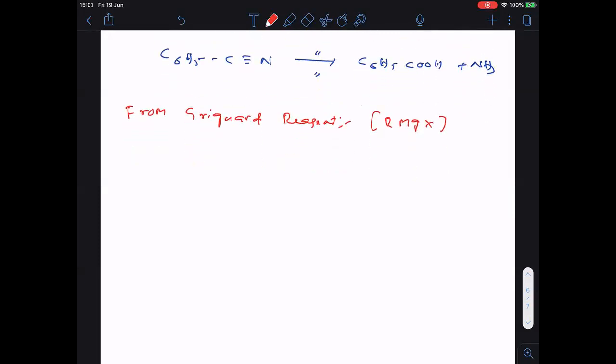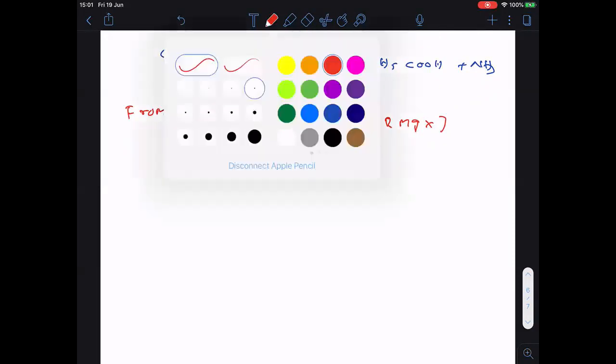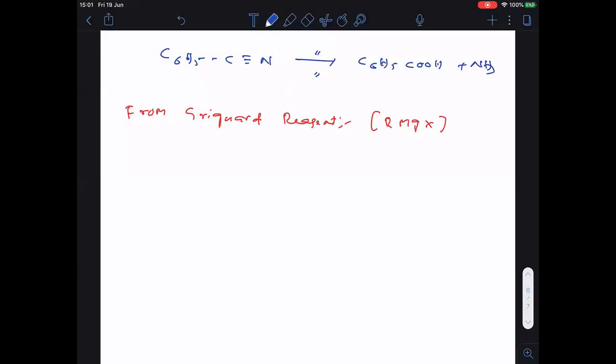Grignard reagent is RMgX. So now let us see how the reaction happens with Grignard reagent. Now RMgX, clear? Now when treated with CO2, carbon dioxide.